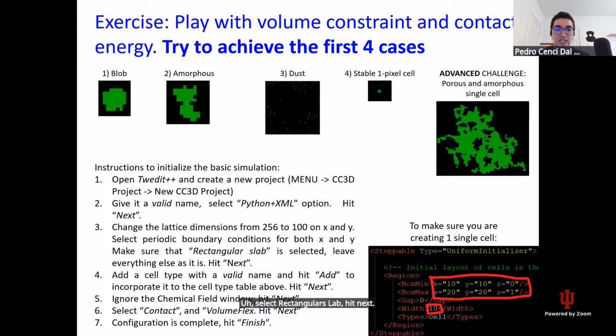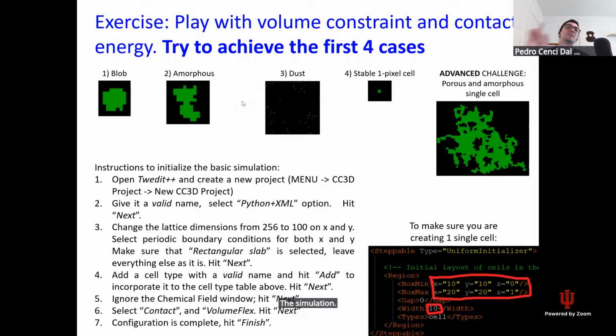Then add a cell type with a valid name, like cell, and click add. And next, just ignore the chemical field window. Next, select contact and volume flex, the only two we are going to explore here. And after that, you finish the simulation and then you can start playing with the simulation.